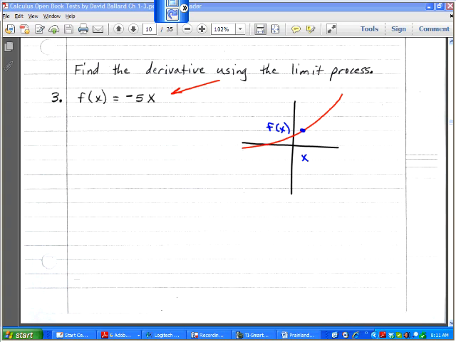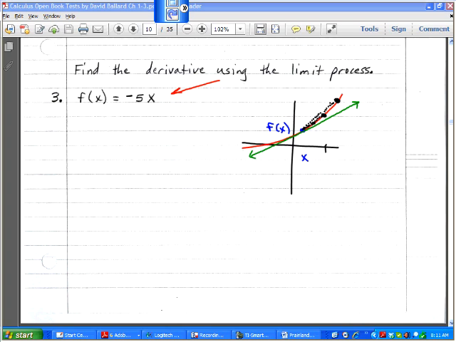Then if we wanted to find the tangent to that curve, one way to estimate the slope of the tangent line at that point would be to pick a point out here and then find the slope of that secant line, and that would be an estimate. Or if we moved that closer, that would be a closer estimate.